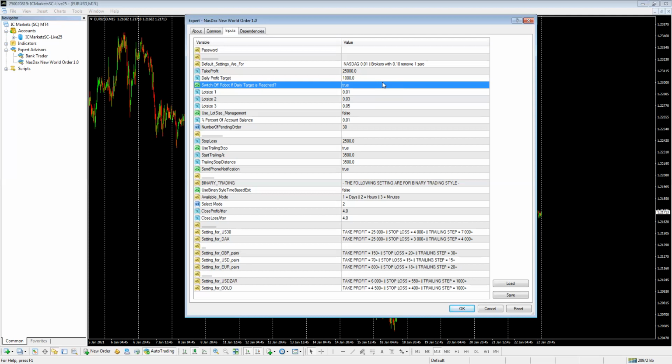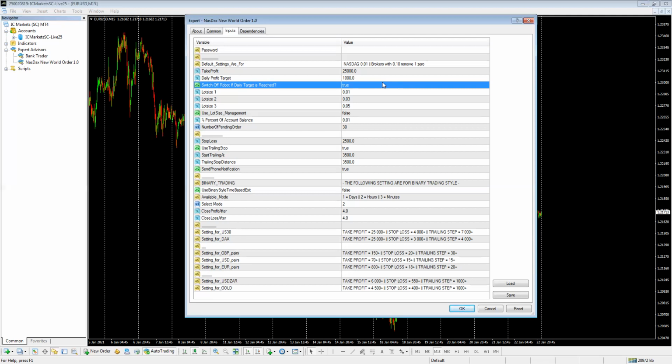Let's say in the morning during the London session, you made $250. During the New York session, you made 700. So that's 950. On New York close, the trade that is running is at 50 USD.